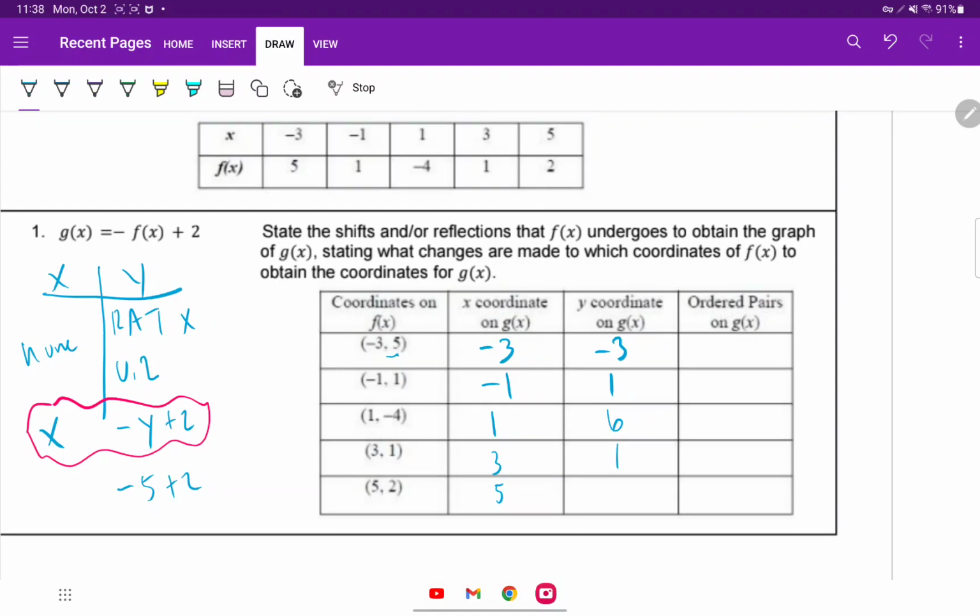And last we have the 5 again, so negative 5 plus 2 is negative 3. Then the ordered pairs look like this, x comma y: negative 3 with negative 3, 1 with 1, 6, 3 with 1, and 5 with negative 3. All right, there's our list of points.